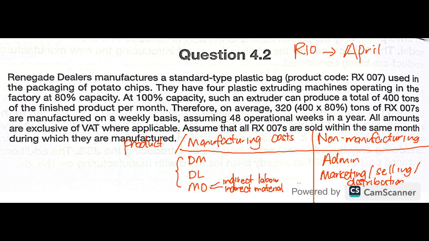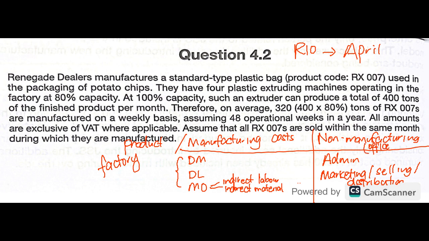And here the idea, remember, is that this is a company we're dealing with that produces the goods that it sells itself. So the idea is that there is a factory where the goods are actually produced, and then there is an office space. I'm just going to write that below here, below the non-manufacturing cost.